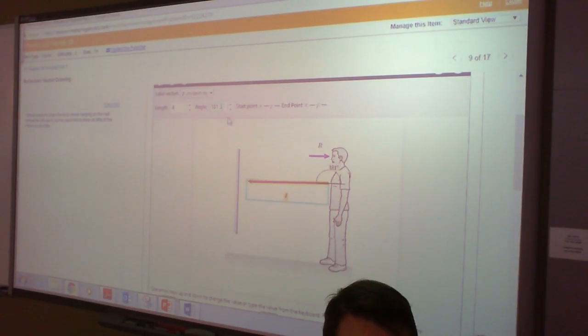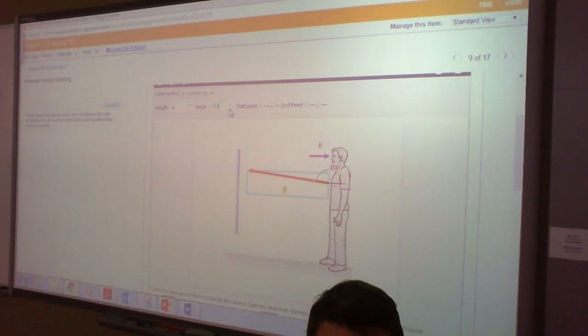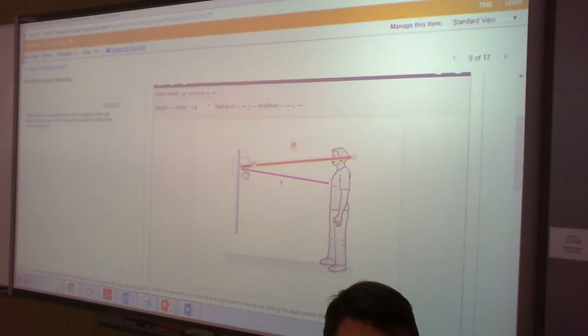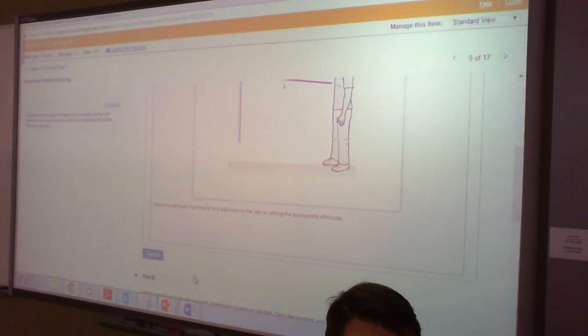Then I'm going to decrease his angle, because this angle is measured from horizontal, like I said, normally it is. And then increase its length. Then that light is going to come to his eyes from that light coming out. So let me see if this takes it.